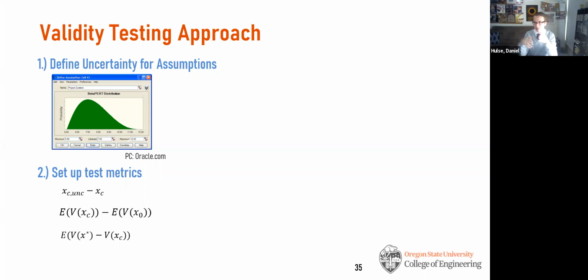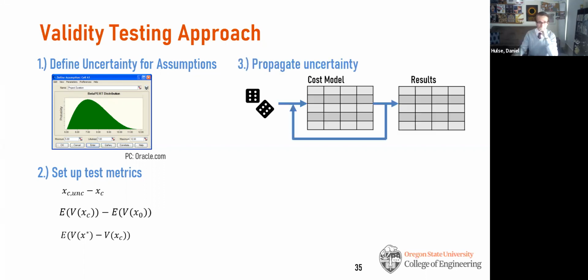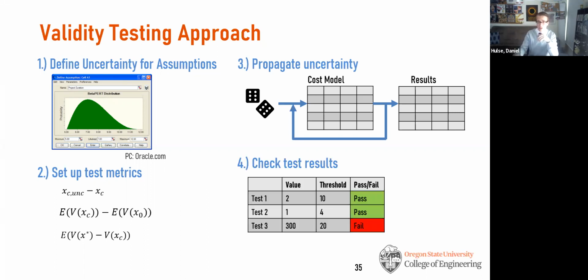We set up different test metrics for how the design process was supposed to go. And then we propagate uncertainty through the model that we set up of the costs that we use to make different decisions. And then we check those different test results, and based off of the metrics we quantified, we can say, well, this process passed or failed.